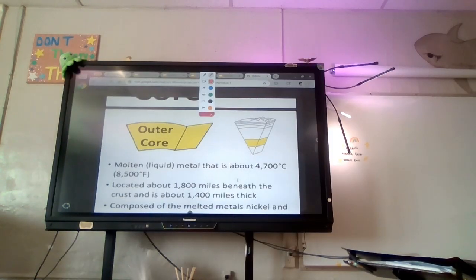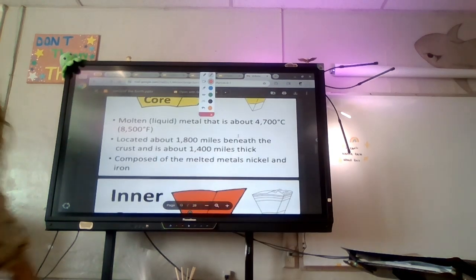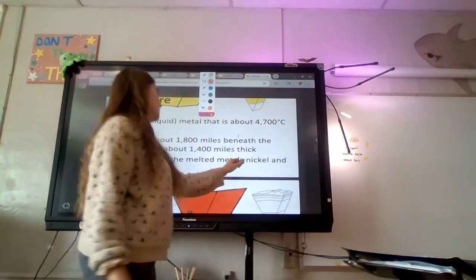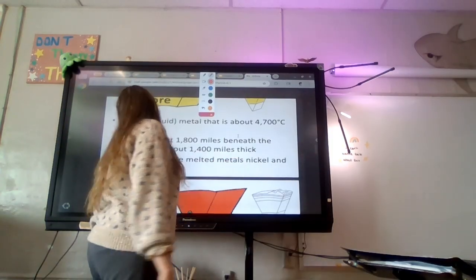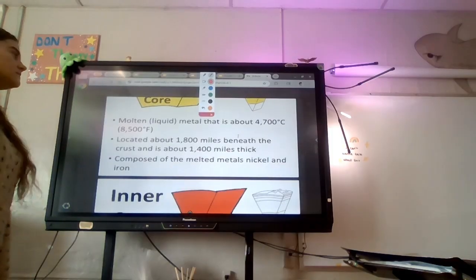It's solid because the pressure is so hard that it just pressurizes it. And both of the cores are mostly made up of metals like nickel and iron, and those are called dark elements.